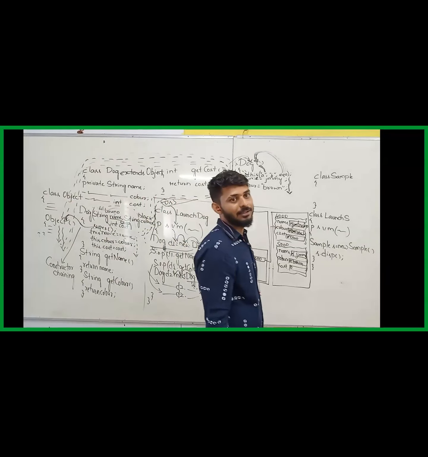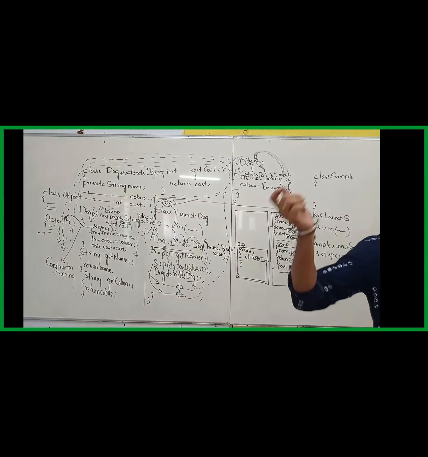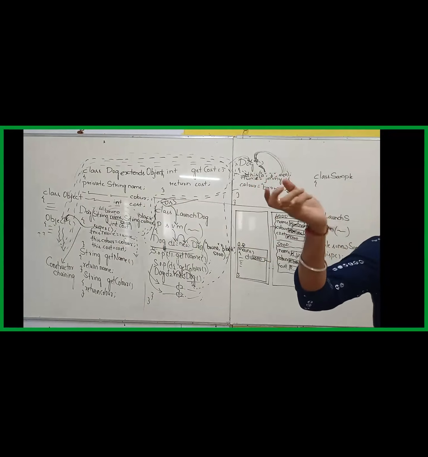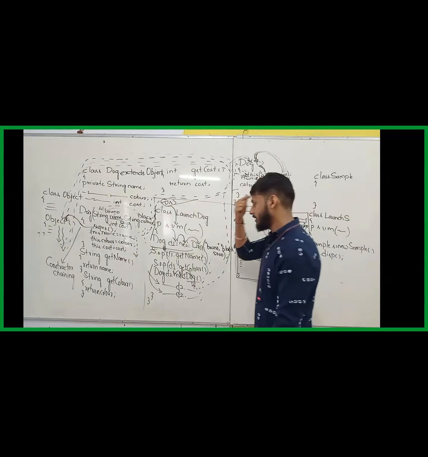One is constructor chaining, the second one is local chaining. By default, it has already been categorized. Constructor chaining basically means that it will take the control from the child class to the parent class constructor, and we can achieve this by using the super method call. And the other one is local chaining. What do you mean by local chaining?